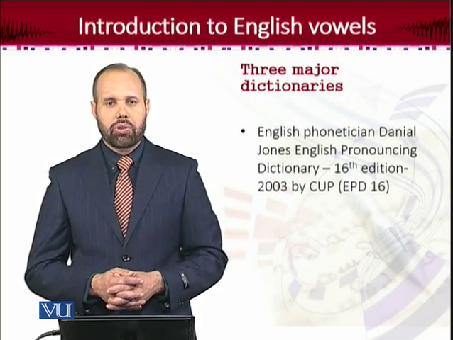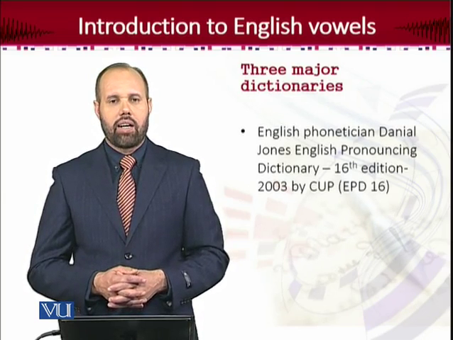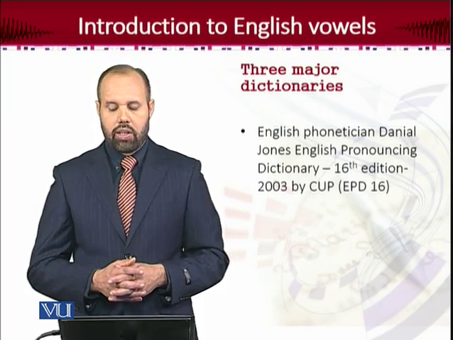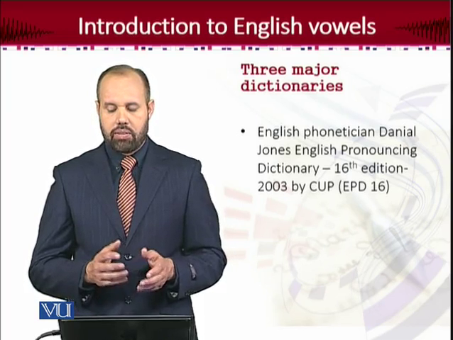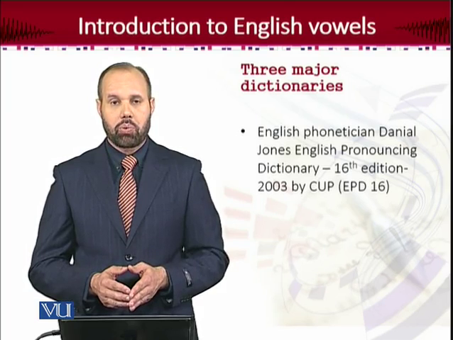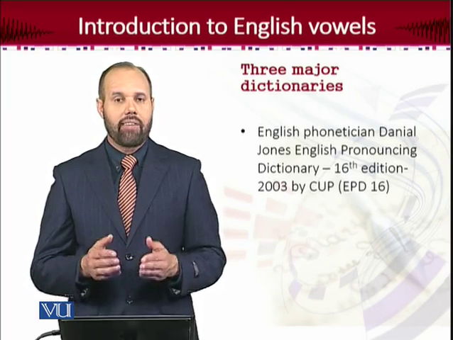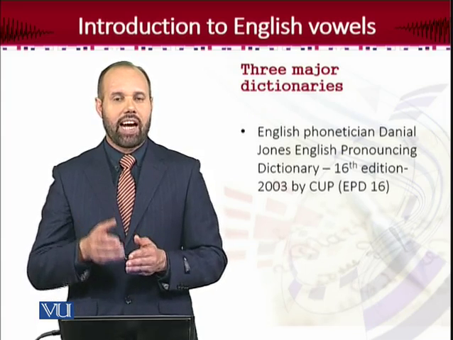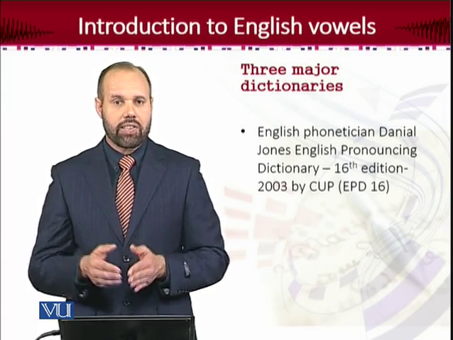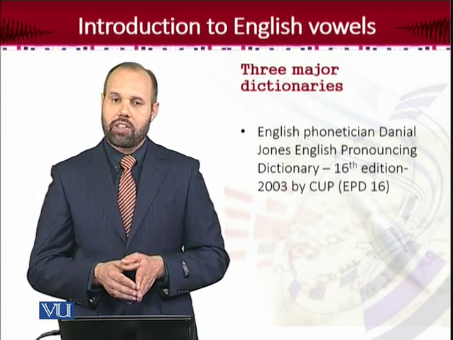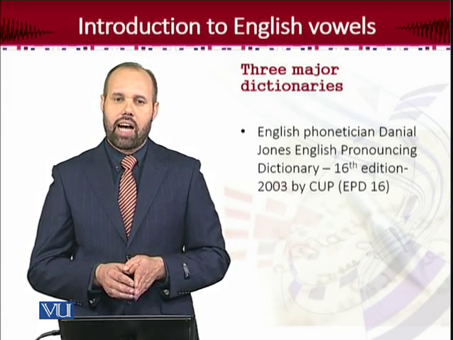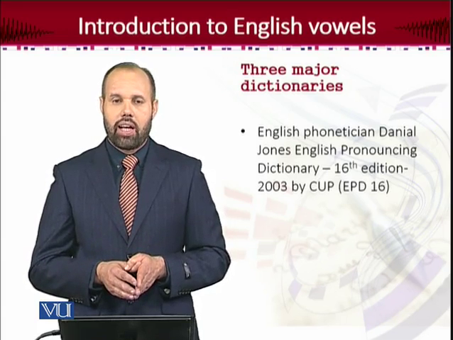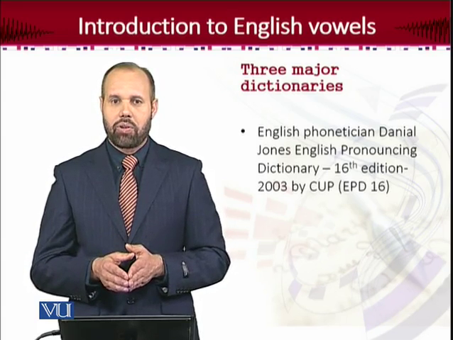Let me just introduce to you three very popular, very famous dictionaries. The one which is called English Pronouncing Dictionary was initiated by a well-known English phonetician, Daniel Jones, who also gave the idea of the cardinal vowel system. He started the idea of a dictionary for pronouncing English, and that tradition is still existing.